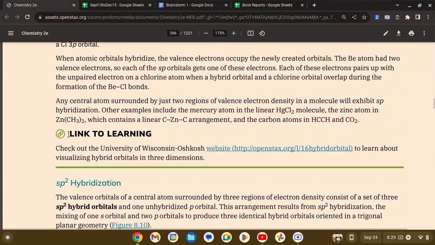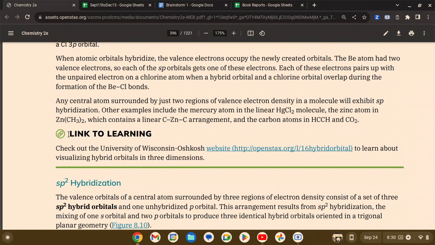When atomic orbitals hybridize, the valence electrons occupy the newly created orbitals. The beryllium atom had two valence electrons, so each of the sp orbitals gets one of these electrons. Each of these electrons pairs up with the unpaired electron on a chlorine atom when a hybrid orbital and a chlorine orbital overlap during the formation of the beryllium-chlorine bonds.